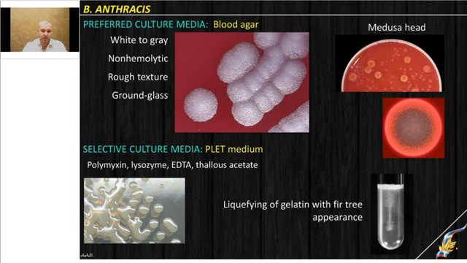And we have a unique type of test, liquefying of gelatin stab, where inoculation in the center of the gelatin stab, after incubation at 37 degrees Celsius, will give a unique appearance like an inverted fir tree in the gel. After inoculation, the line of the loop will have another density. Liquefied gelatin will give you a unique three-dimensional structure of that fir tree.